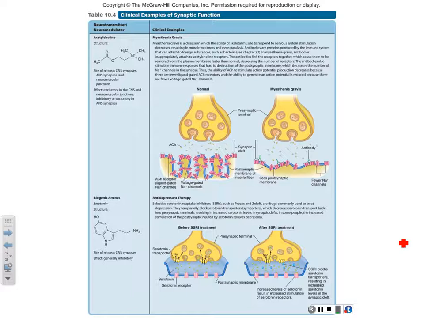That would suck if you cannot increase and decrease the volume of your thorax so you can breathe in and out. So you could die because of that. So this condition is what I want you to know: this neurotransmitter, acetylcholine, and how it happens. The antibodies will attack those acetylcholine receptors, which are the sodium ligand-gated channels, so that the muscles can no longer contract. And it could really be bad.